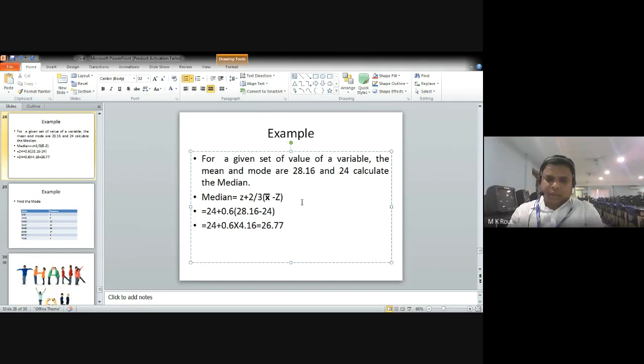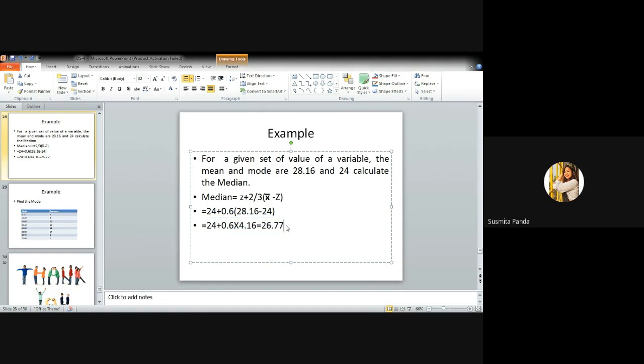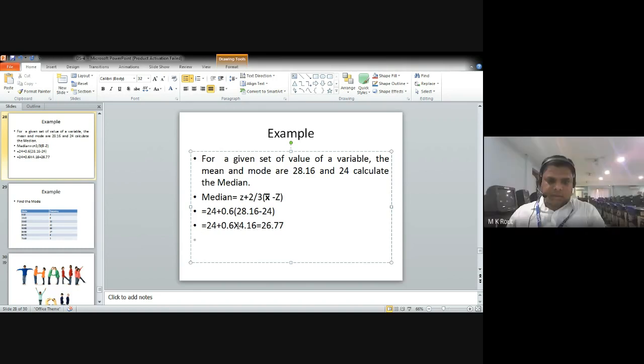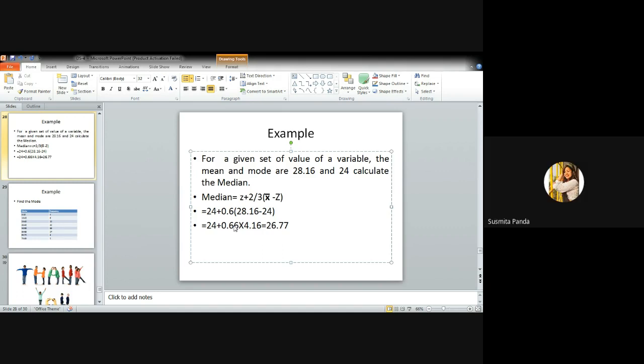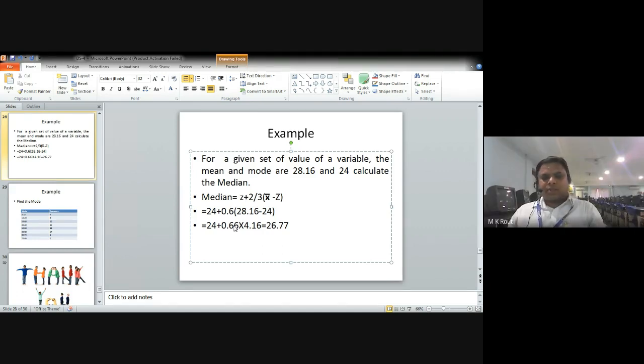That is 26.496. Sir, it's 26.77. How? Prove it. Or you can use a number of 0.666 like this. Yes, sir. Okay, that's why that is 26.6. He is taking more 6 instead of 0.6. Okay.